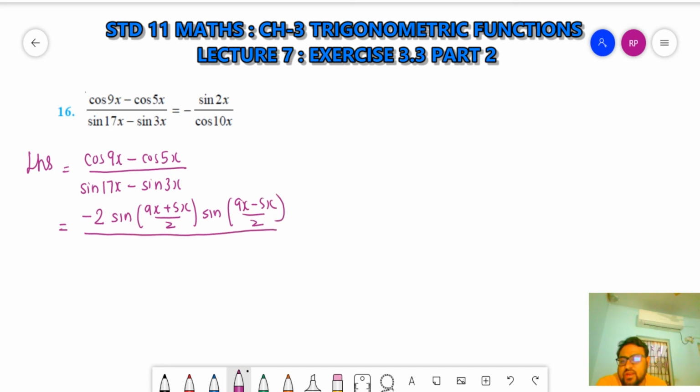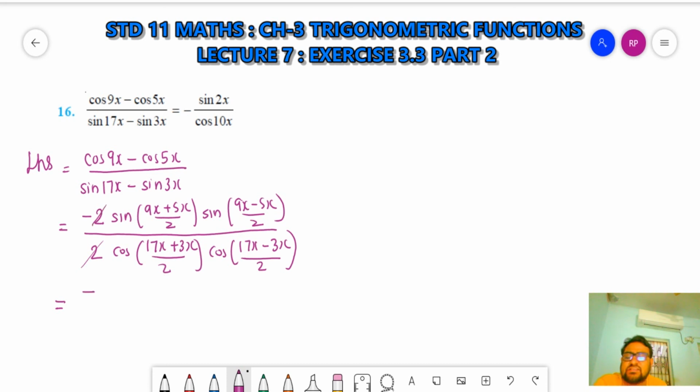Upon, in the denominator it is sin minus sin, so 2 cos sin. The 2 gets cancelled.